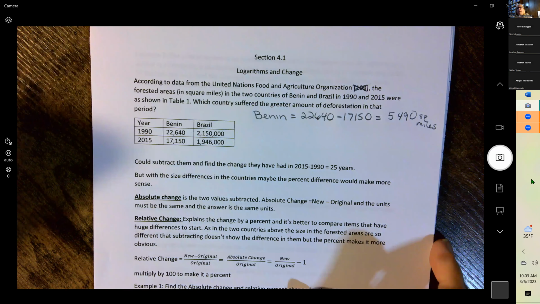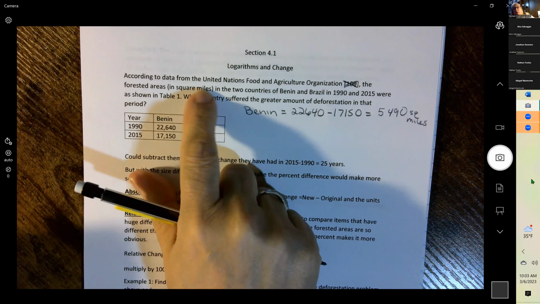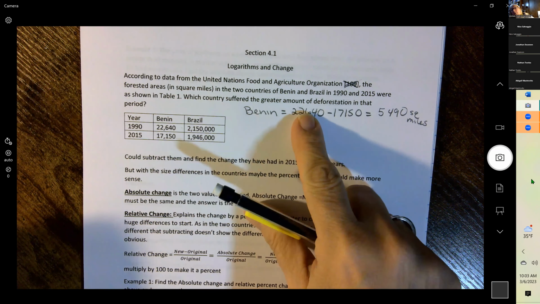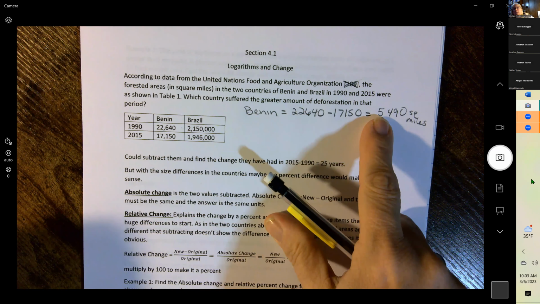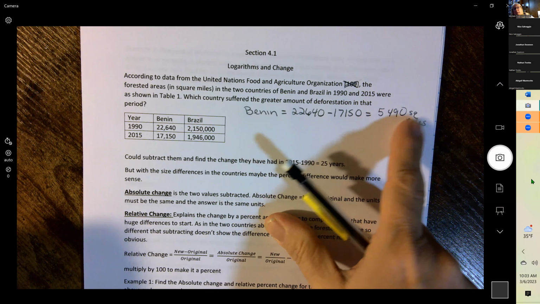This was square miles because that's what it said here. So in Benin, they tore down 5,490 square miles of trees.